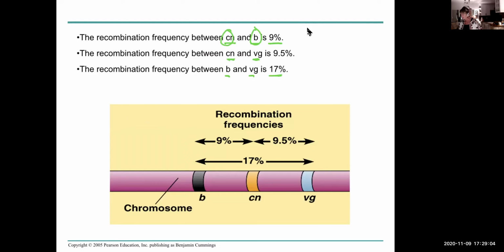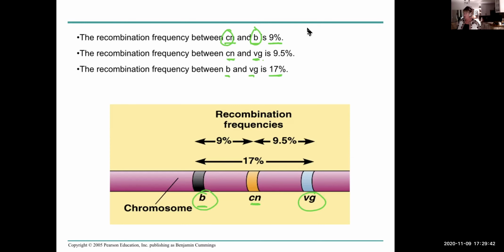Yeah, so CN and B are quite close together. CN and VG is also quite close together. But you get way more recombinations between B and vestigial because they're further apart. So they just tend to cross over more when they're further apart. And that's how genes are mapped on chromosomes.